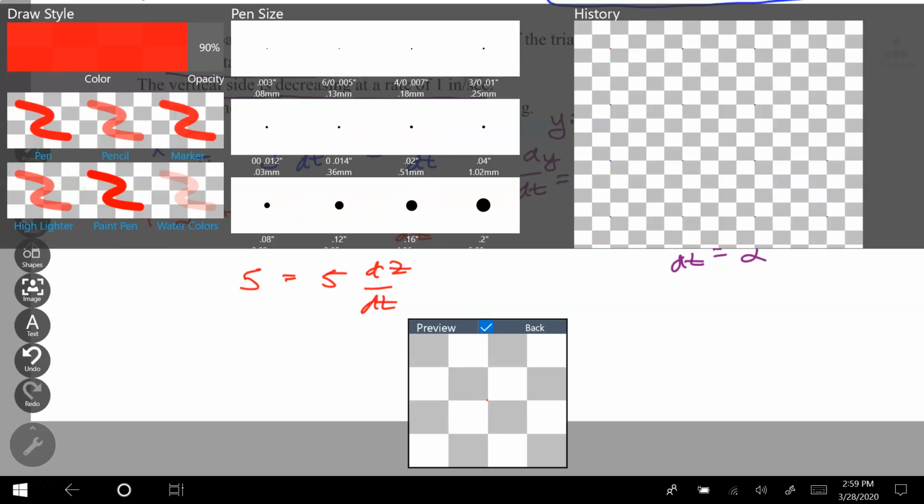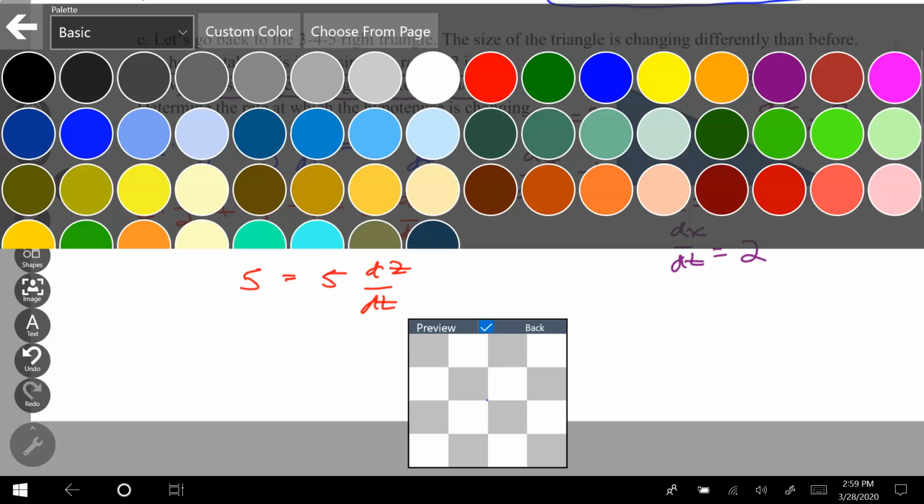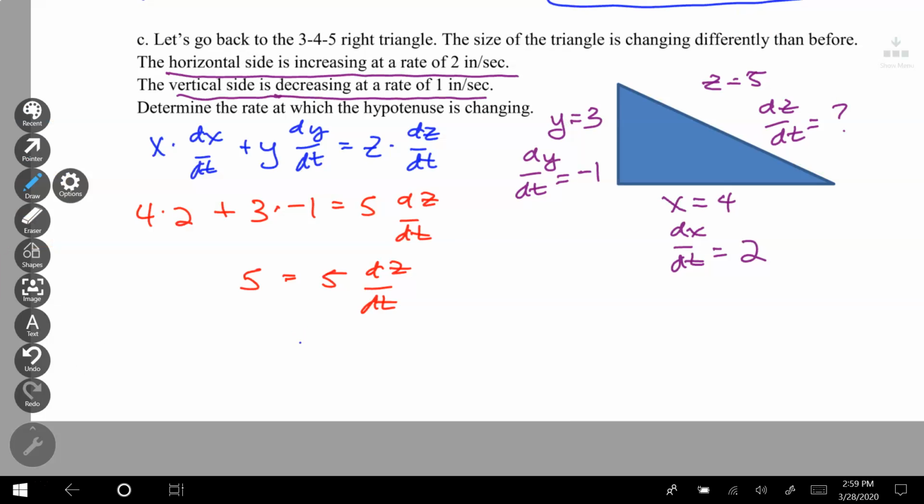And according to this problem, I'm all done. I have dz over dt is equal to 1. Again, the units are inches per second.